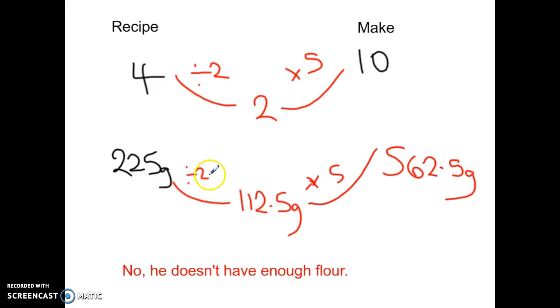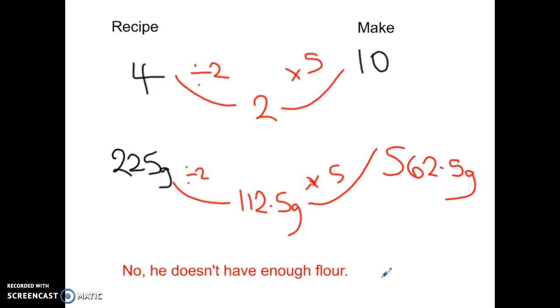Dividing by 2 gives me 112.5, and then multiplying that by 5 gives me 562.5 grams. So that's telling me that Amir is going to need this amount of flour to make that cake for 10. But seeing as the question's told us he only has 500 grams, my answer would be to do this maths and then answer with these words or something like this and say no, he doesn't have enough flour.